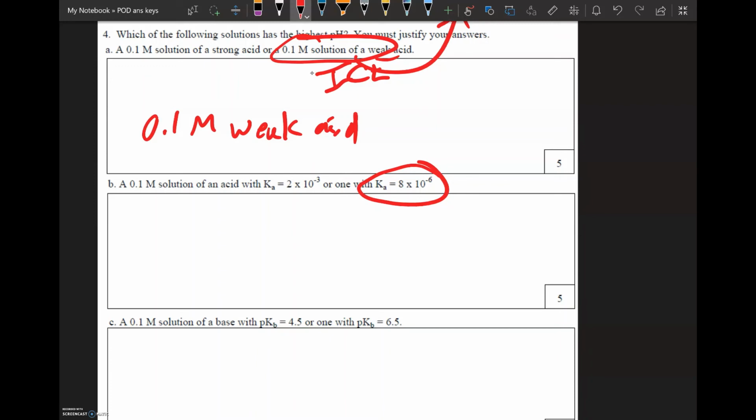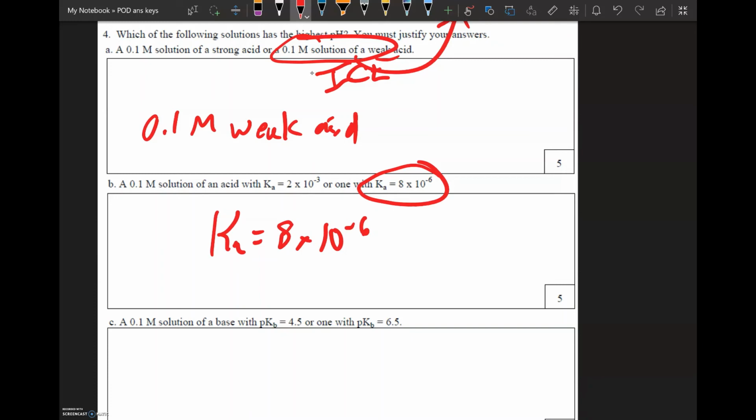The exponent 10 to the negative 6 is a whole lot smaller than the other one, it's actually 1,000 times smaller. So the solution that has a smaller Ka value is going to have the higher pH. So the Ka that has 8 times 10 to the minus 6 has a higher pH for that reason.